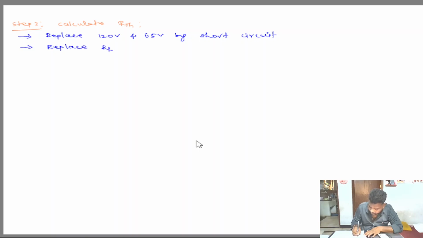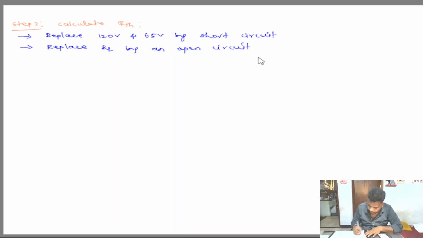And remember one thing, when you are calculating RTH, the circuit consists of only resistors.